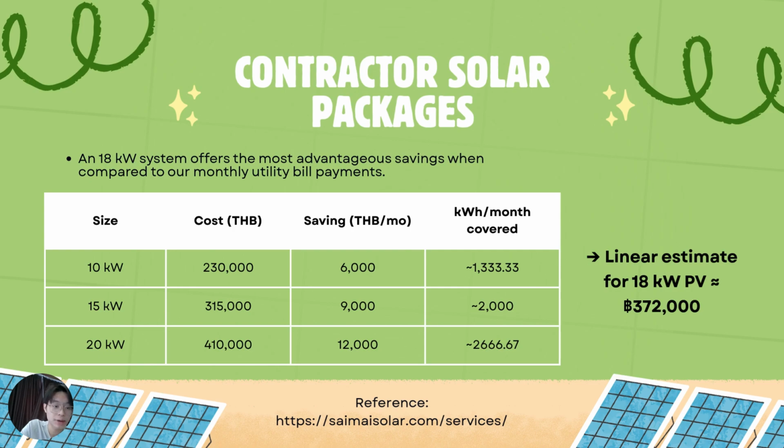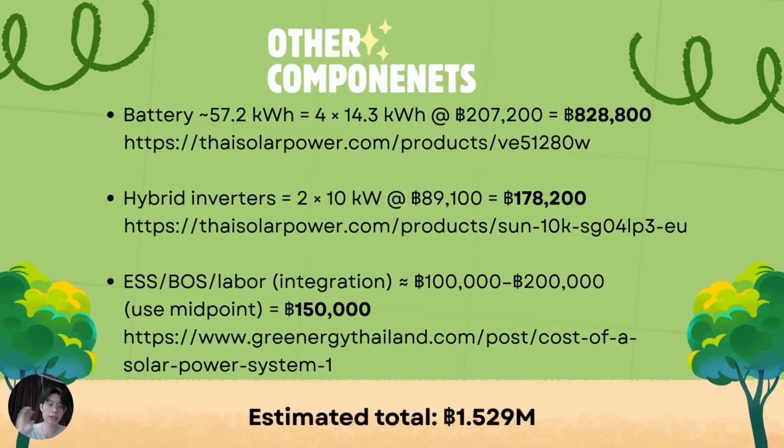So I'll be using around the midpoint, which is the 18, which I think we can talk with the contractor and then modify the size to get the specification as I calculated. And this is the cost that I projected. Next are the other components.